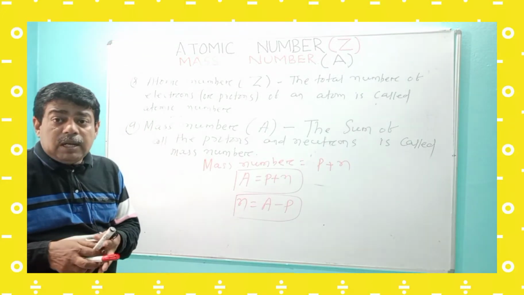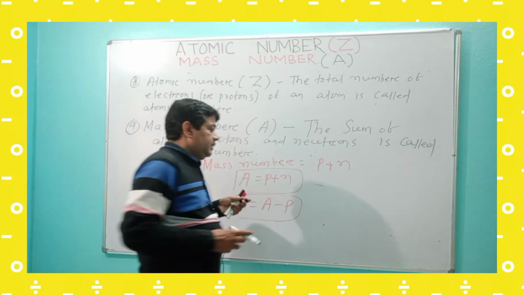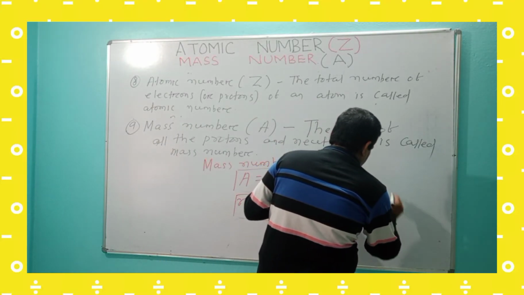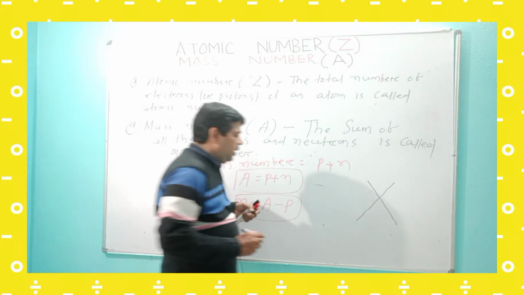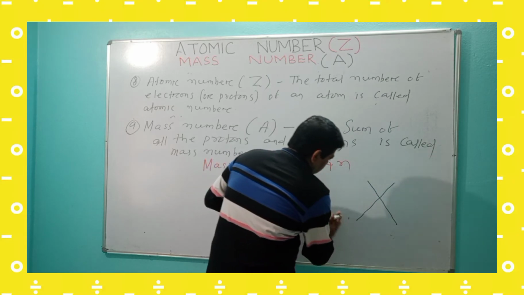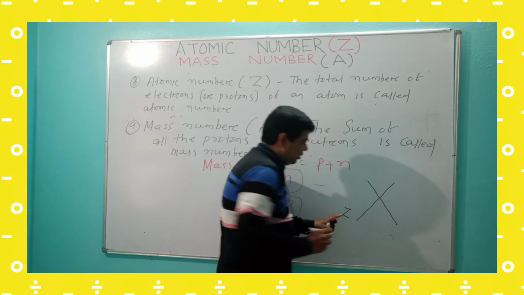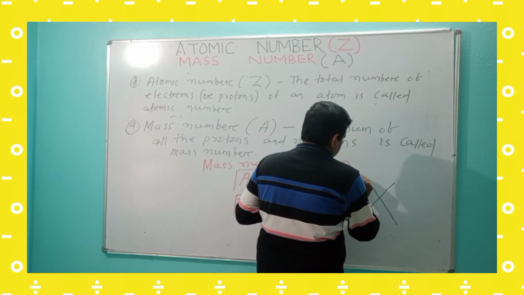Another thing, students. The atom of every element is denoted by the symbol X. Here Z is the subscript. This indicates the atomic number, and this indicates what? Mass number.